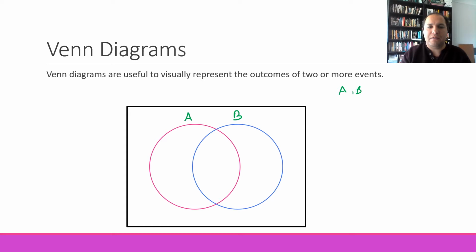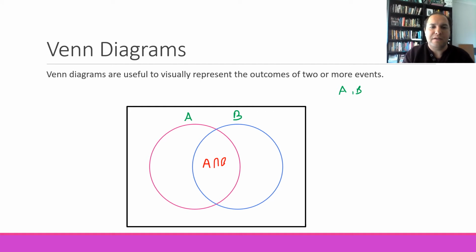So in the middle here, we've got our intersection of A and B. In our Venn diagram, you can see that's where the two circles intersect. That region in here is where you'll find elements that are in both A and B.